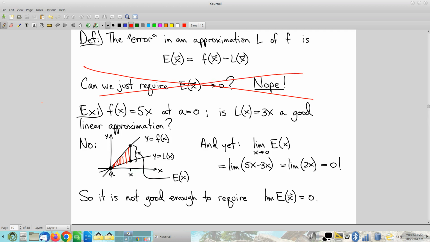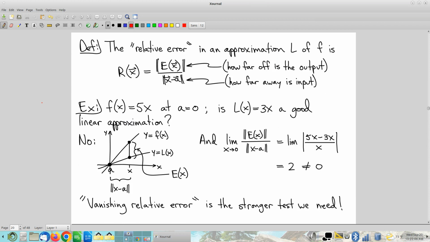Right. So again, what it turns out to be the best answer is, and I'm leaving out a lot of stuff here. Of course, this is the very, very quick and dirty treatment of this idea. But we consider instead this idea of relative error, and relative error is not just error; it's error divided by how far away you are from the base point where you're doing your approximation.